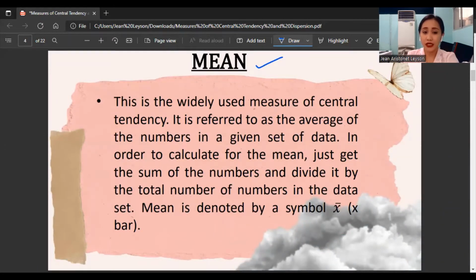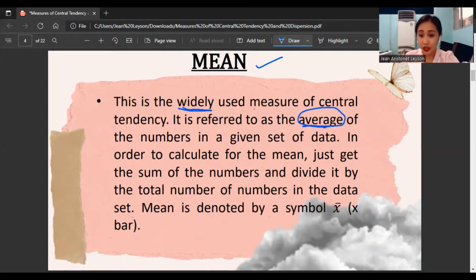The mean is the widely used measure of central tendency. This is also the most stable measure of central tendency because all the data in the data set are being considered.